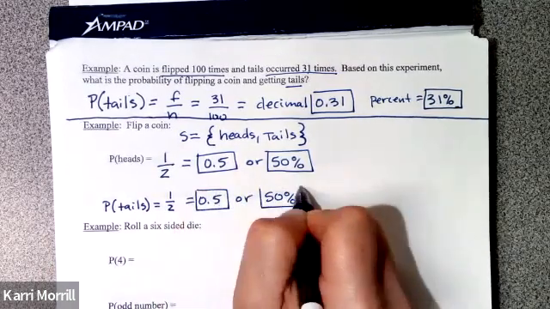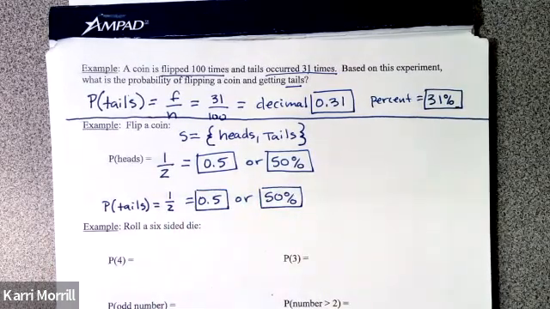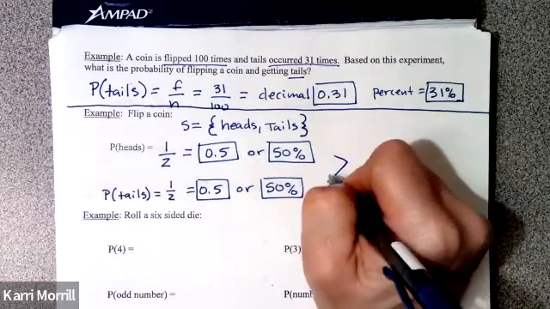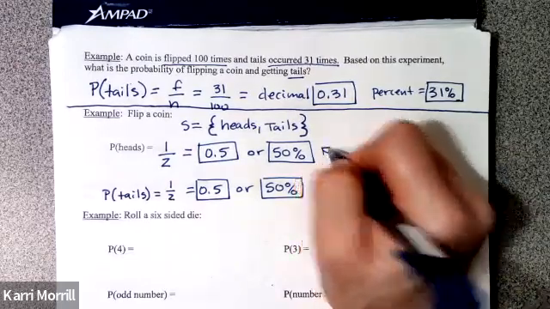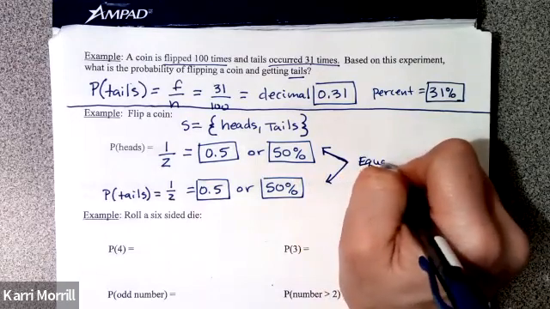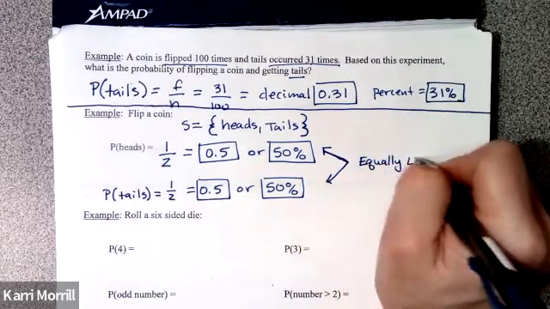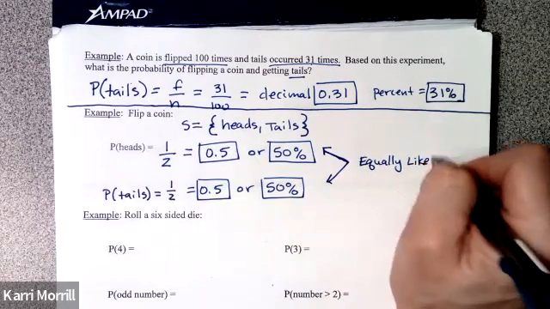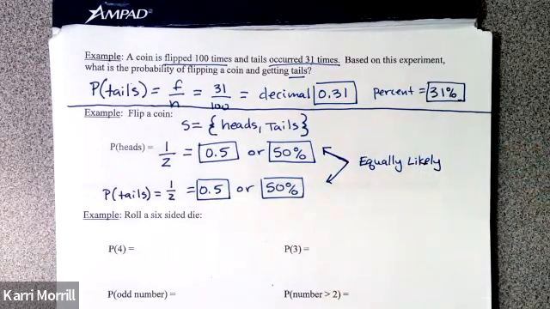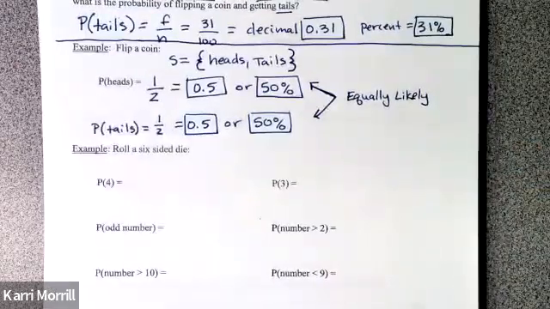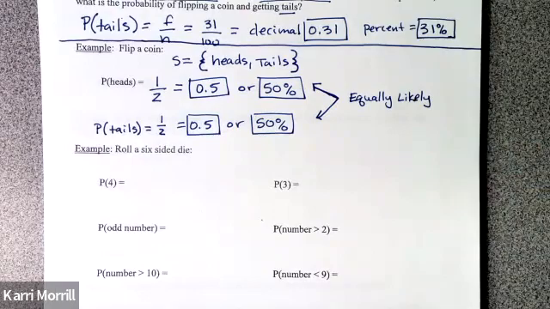And so we just did relative frequency, and all equally likely meant from the previous page is that maybe you have 2 separate things like this, getting heads or tails. But if their probabilities are the same, that means they are equally likely to happen. Have an equal chance of being heads or tails. That's what equally likely means.